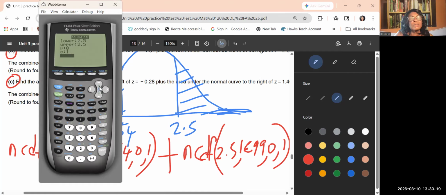I think I need to go back up, because the upper bound should be 1e to the power 99. So 1e to the power 99, lower bound and upper bound, mean, standard deviation.